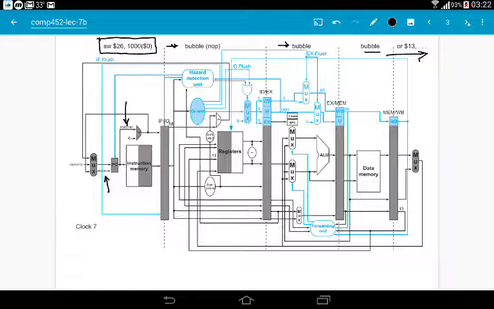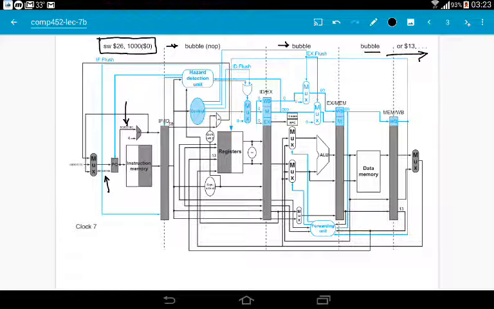Alright, so this completes our discussion of exceptions. Actually, let me tell you, the discussion is completed partially, because in chapter 5 we will have more exceptions to handle, and we will talk about them once we start chapter 5.